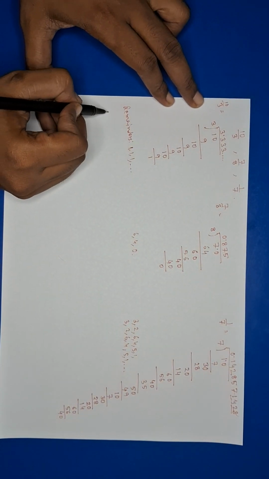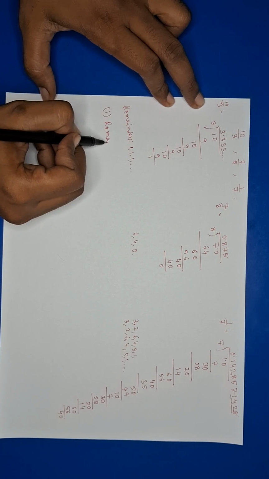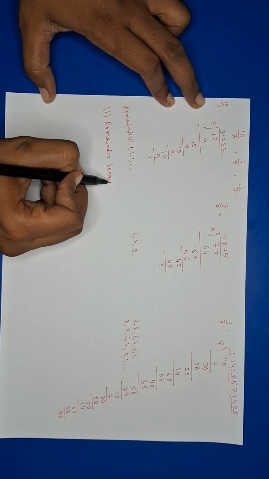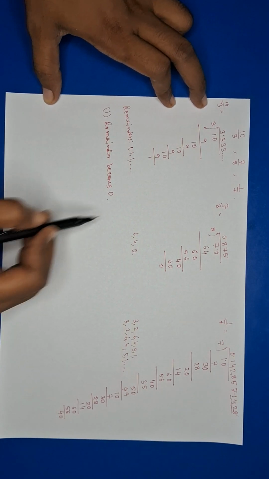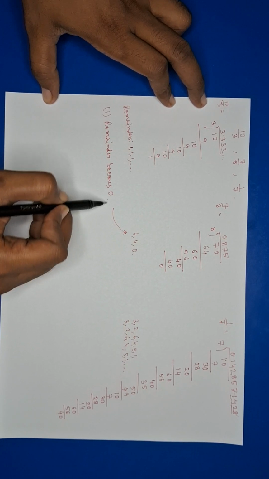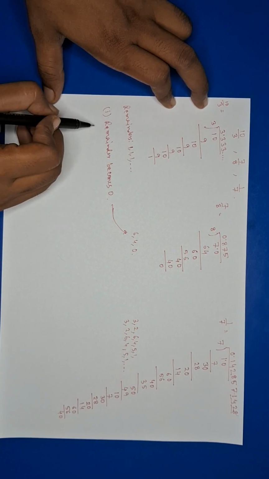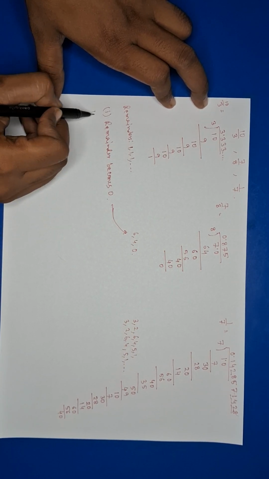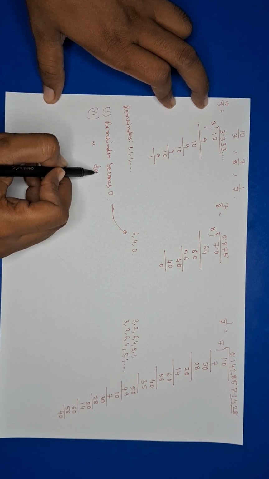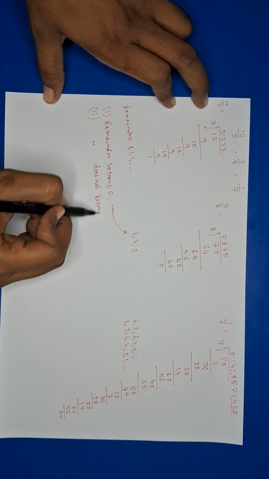Now understand case 1, the remainder becomes 0. Which case is this? This case, 7 by 8. This is called rational numbers. And in the second case, the remainder does not become 0.